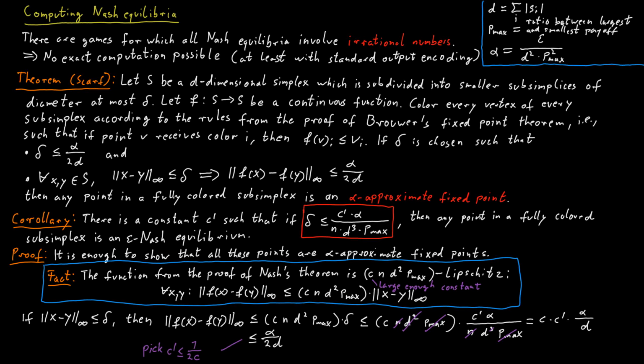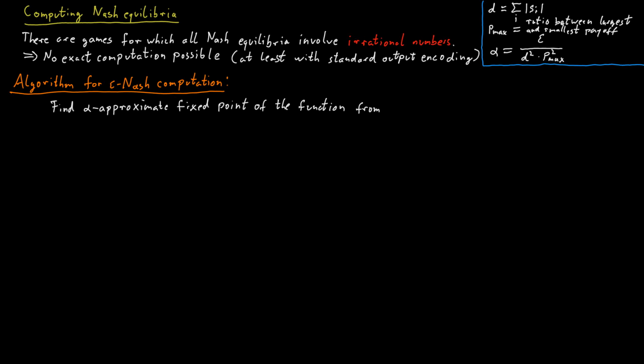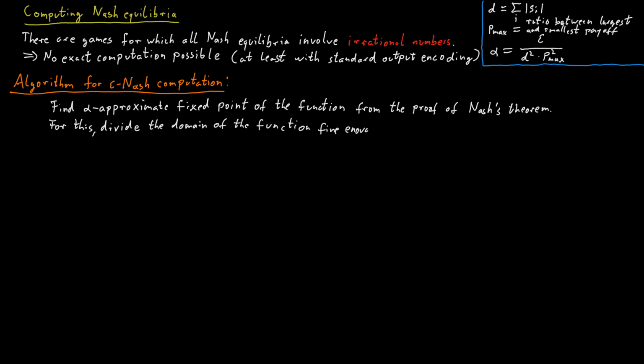To summarize, this is our algorithm to compute an epsilon Nash equilibrium. Find an alpha approximate fixed point of the function from the proof of Nash's theorem. And to do this, we just divide the domain of the function of Nash's theorem fine enough, meaning delta has to be less or equal to c prime times alpha divided by n times d cubed times p max.